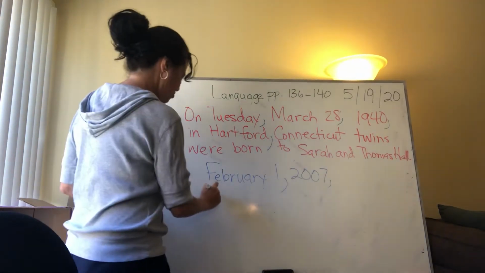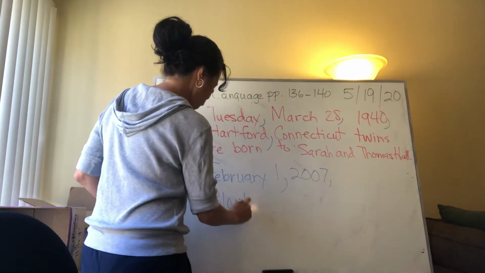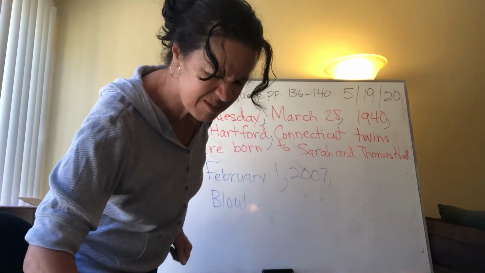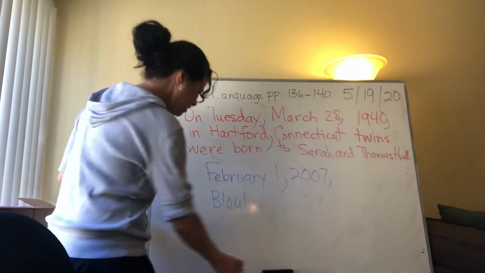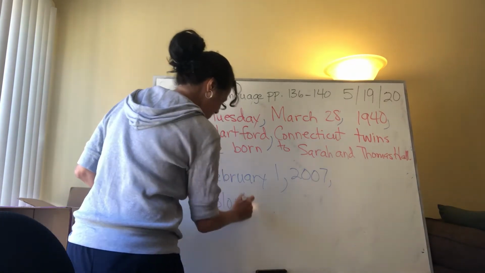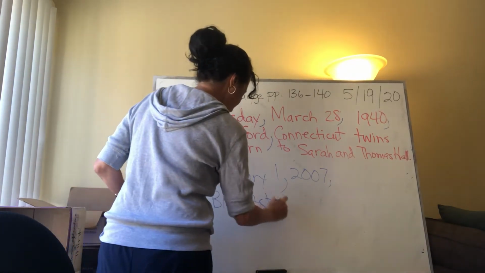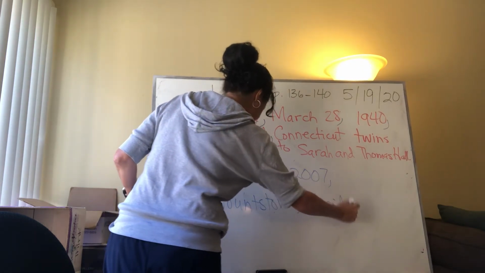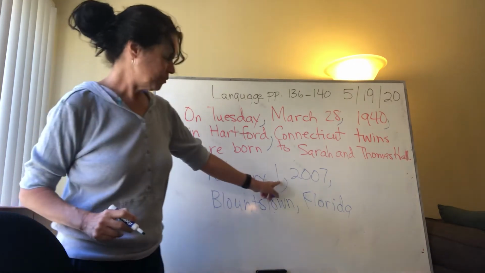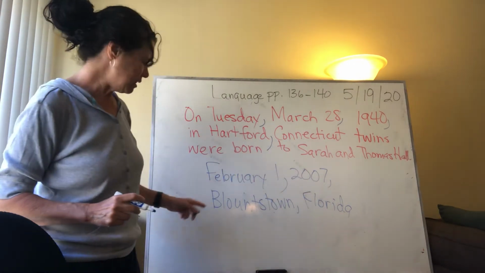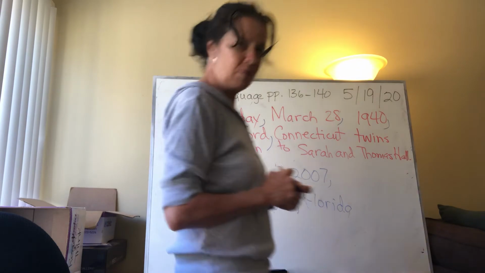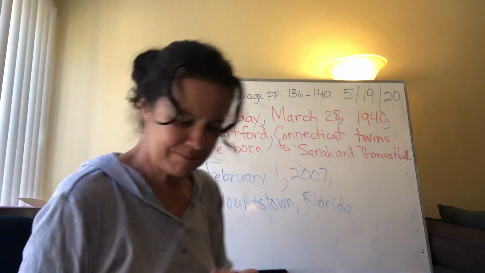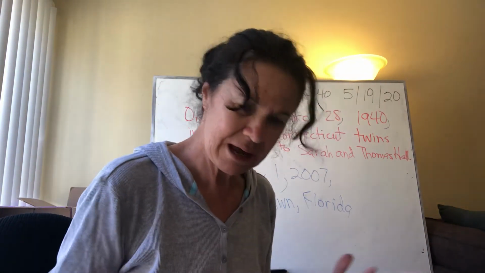And then that's between the date, and then Blountstown, B-L-O-U-N-T-S-T-O-W-N, comma, Florida. Okay, so insert them properly in dates and in addresses. You always put a comma between the city and the state, or the city and the country, whichever you're looking at. So you have commas to put in there.